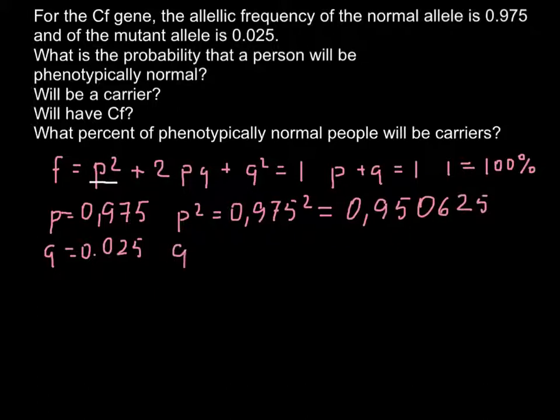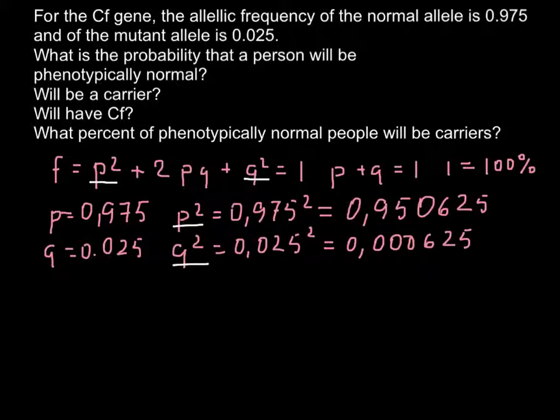And q squared would be, once again, the frequency 0.025 squared. If we multiply this number by itself, we get 0.000625. So this is going to be q squared.